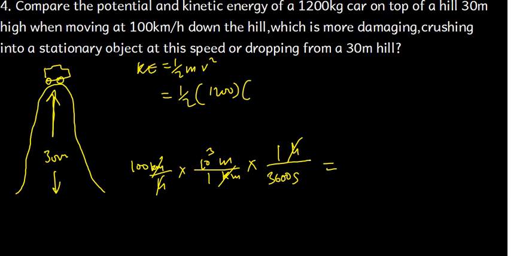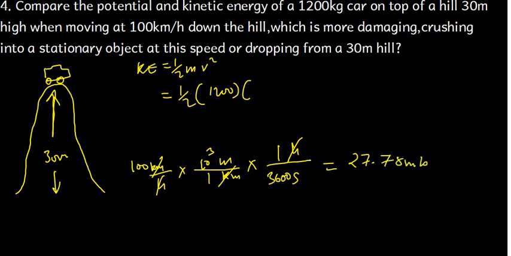So that is going to be 100 multiplied by 1,000 and then divided by 3,600, which is 27.78 meters per second.